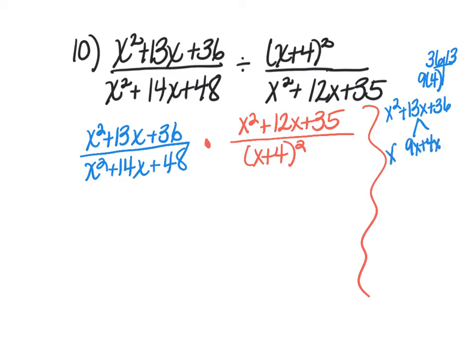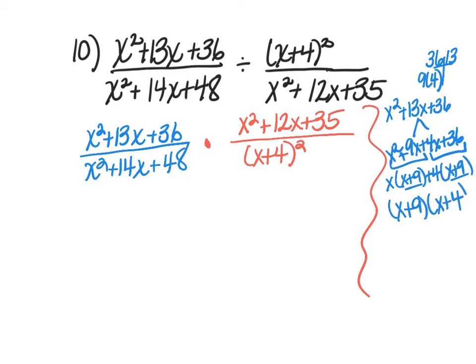Bring down my first term and my last term. And then I'll do my grouping. Pulling out an x, which leaves me with x plus 9. Pulling out a positive 4, which leaves me with x plus 9. They match. So I've got x plus 9 times x plus 4. All right, making progress. Got one of the parts done. x plus 9 times x plus 4.